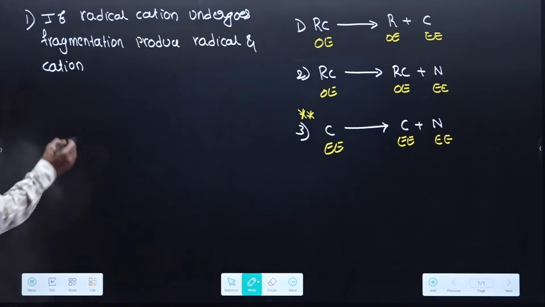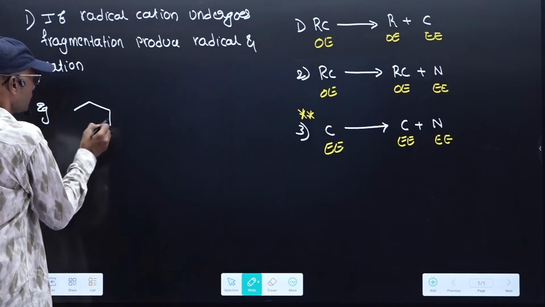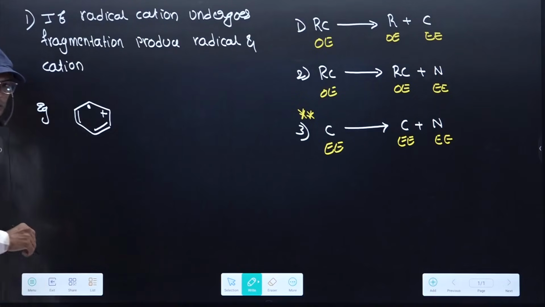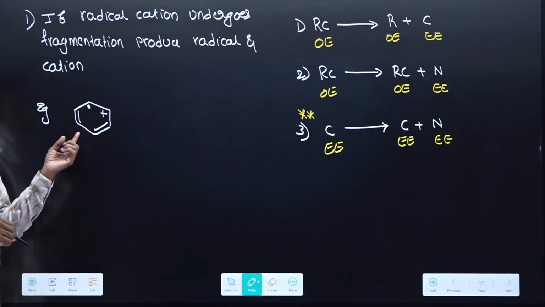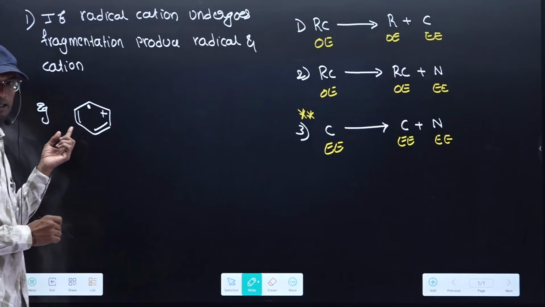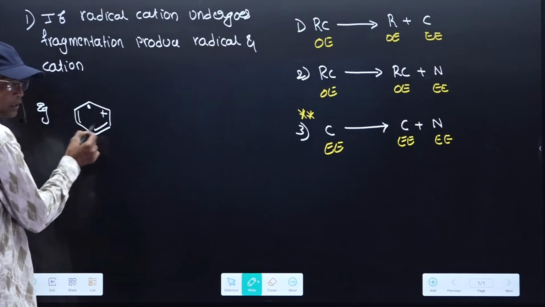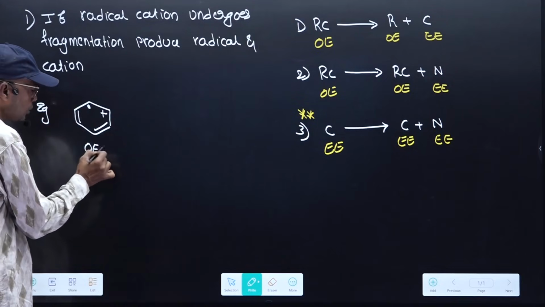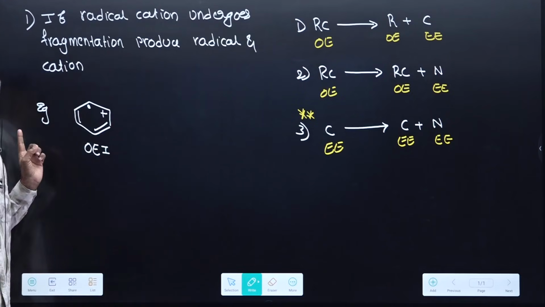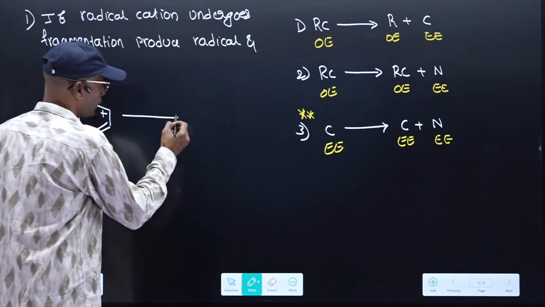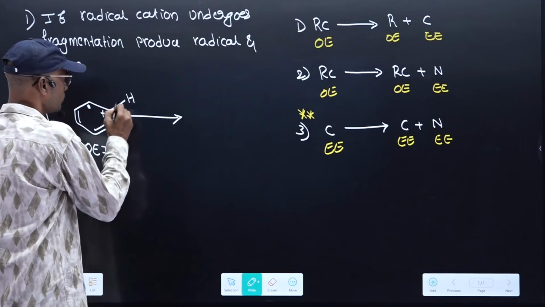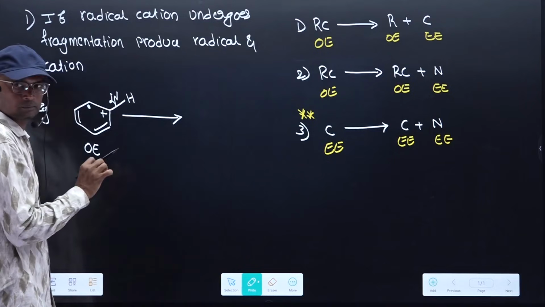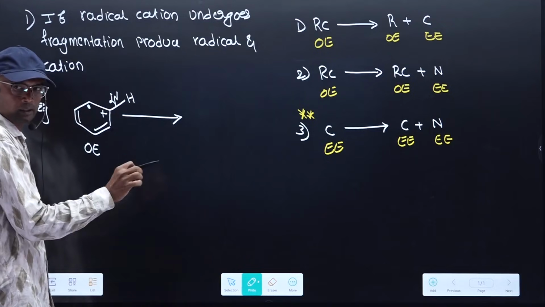Now see one example. Suppose I take benzene, radical cation, with double bonds. Is it an even electron or odd electron? Odd electron, because 5 electrons are delocalizing, so it is an odd electron ion. Now when an odd electron ion undergoes fragmentation, it will give one odd and one even, one radical and one cation.